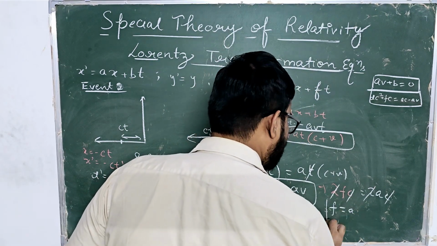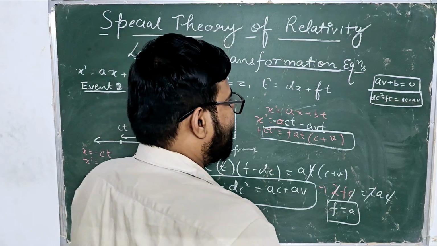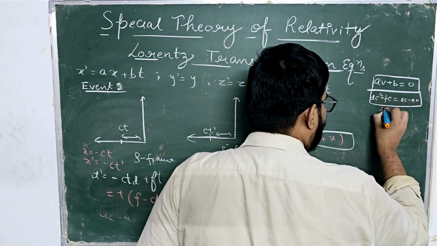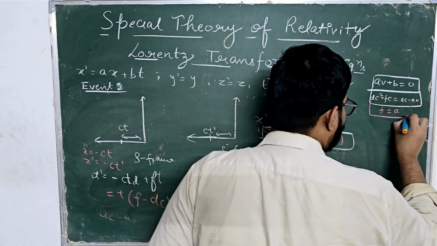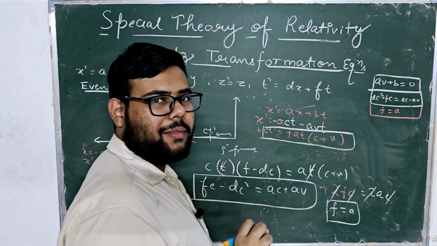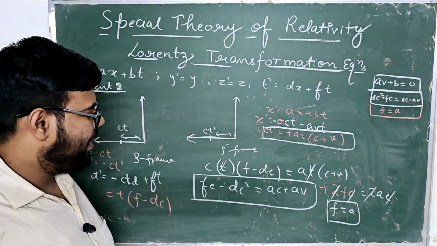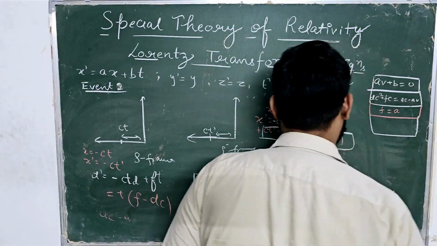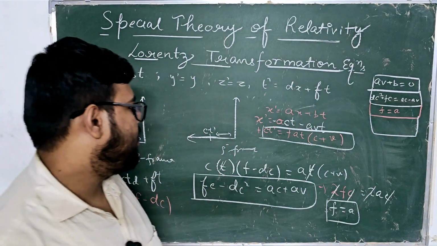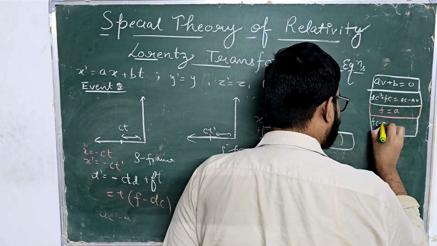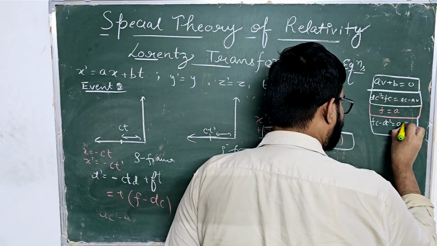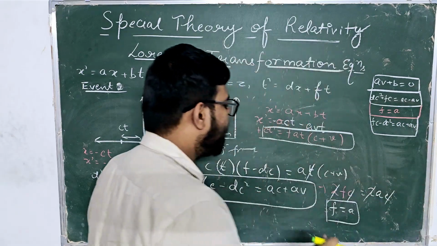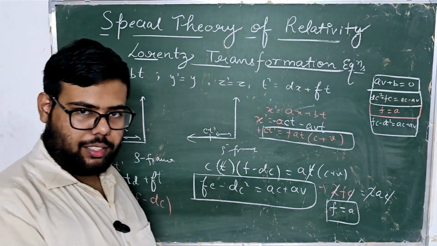So F is equal to A. So from here we have a relation F is equal to A. Okay. And let's write this equation also. The equation is FC minus DC square is equal to AC plus AV, right? Now let me erase this.